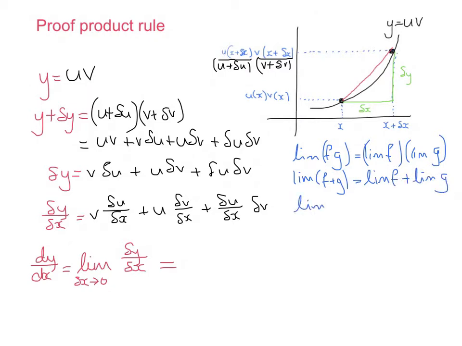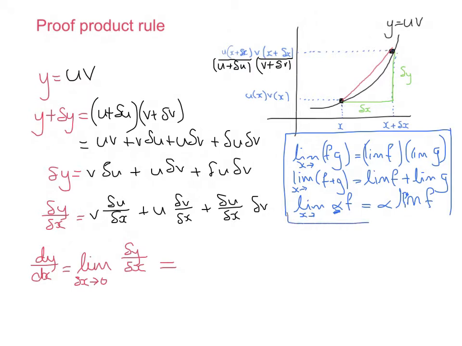And the limit of something that's got nothing to do with the x that's going somewhere: if this alpha's got nothing to do with x, and these are functions of x, then the limit of alpha times f is equal to alpha times the limit of f. So basically I can pull out anything that isn't anything to do with the thing that's going somewhere. I'm just going to use these rules without proving them.